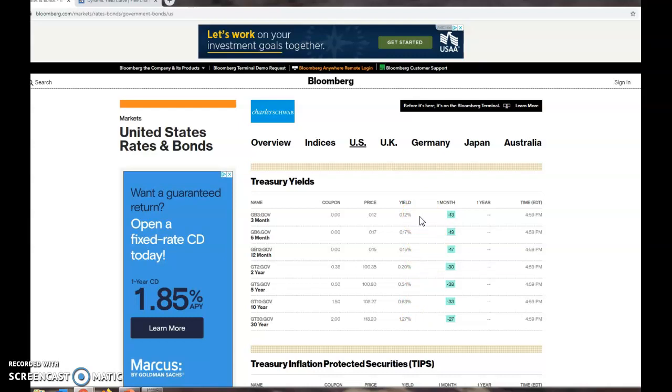So if we take 1.27 and subtract 0.12, we get a spread of 1.15. That is a very narrow spread. In normal times, we would expect about a 2.5 percentage point spread. If we had more than that, then we would consider the curve to be steep, okay? And if we have less than that, then it could be a harbinger of a recession to come, which, no surprise, we might be headed for if we're not already in one now.